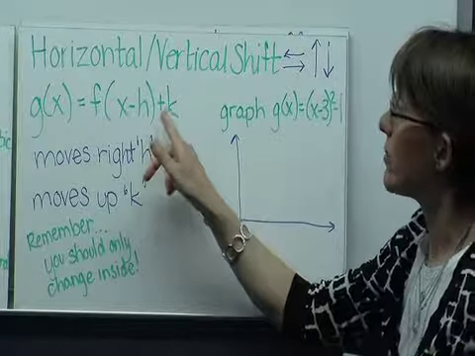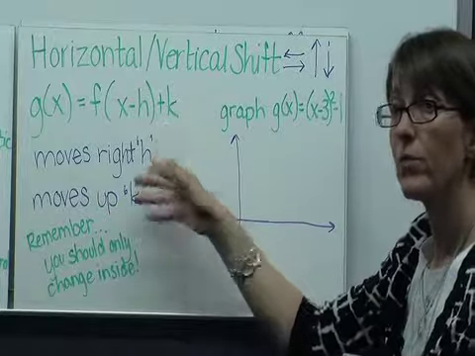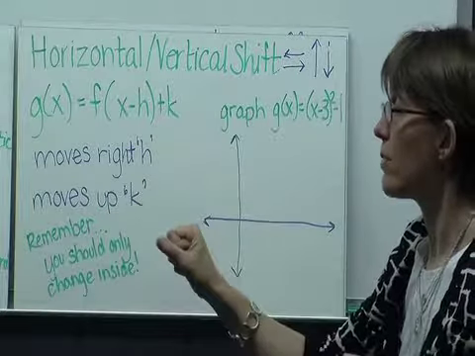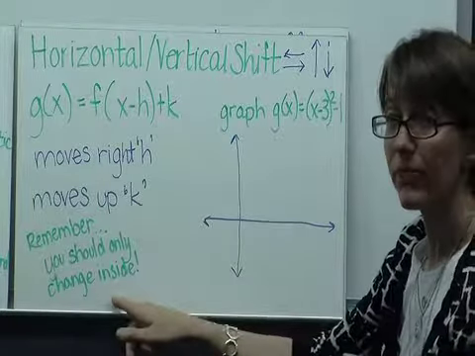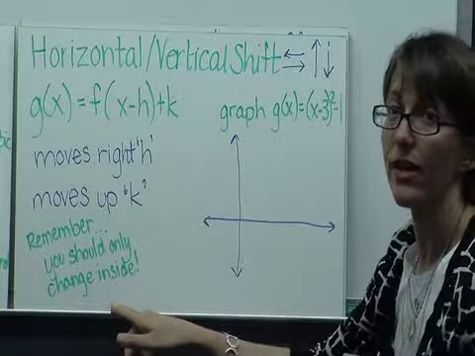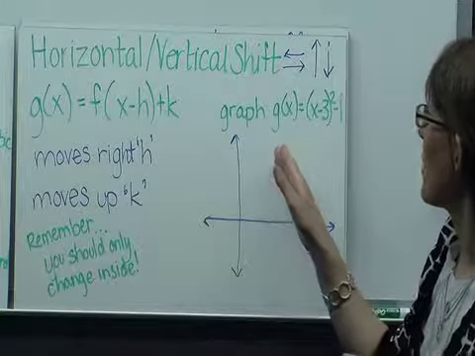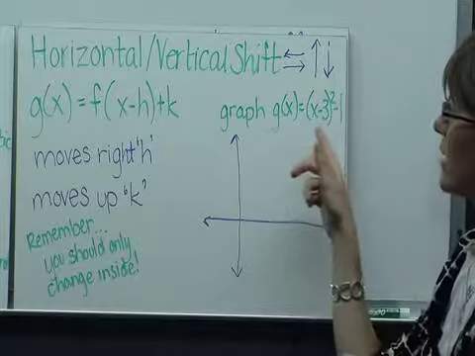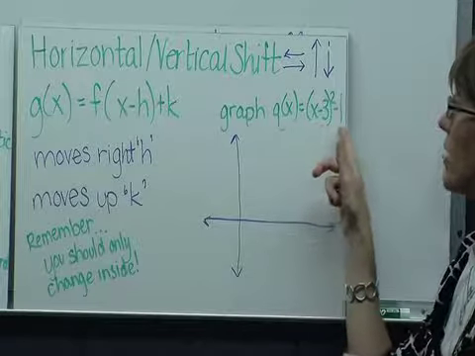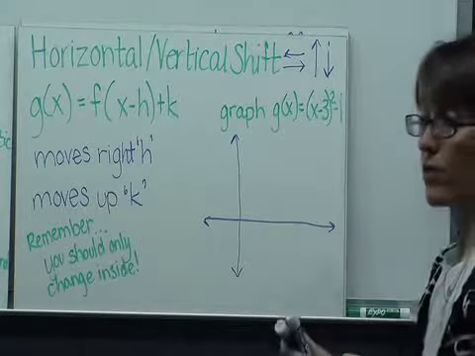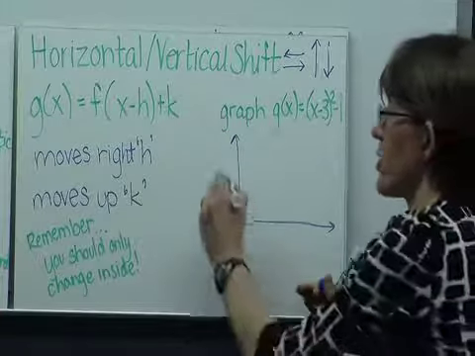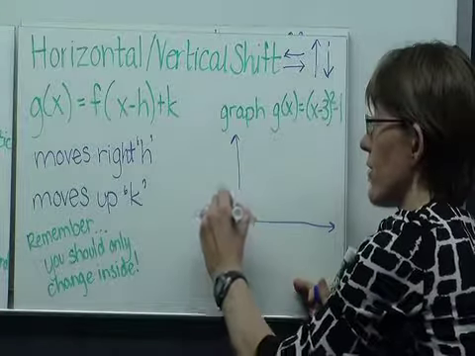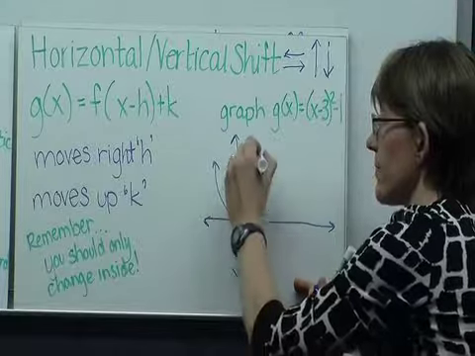So if it's plus a number, it moves up. Minus a number, it moves down. And I put here, remember, you should only change x if you're inside. So I want to graph the function g of x equals (x minus 3) squared minus 1. My parent function is that quadratic function. Looks kind of like this.